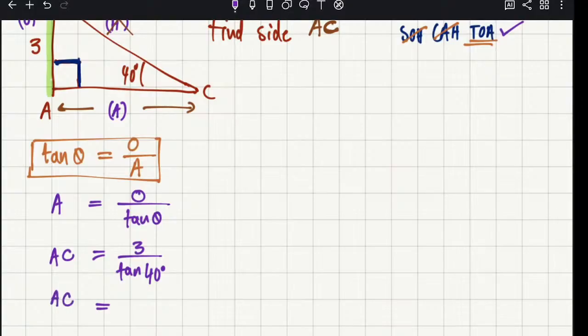Tell me, students, don't let me down. What is 3 divided by tan 40 degrees? Put the answers in the chat. Let's go for it. Come on now. Seth, I want to see your answer this time. Simon, I want to see your answer.